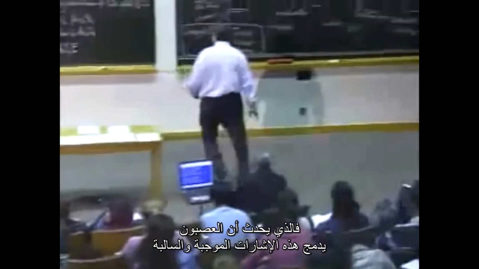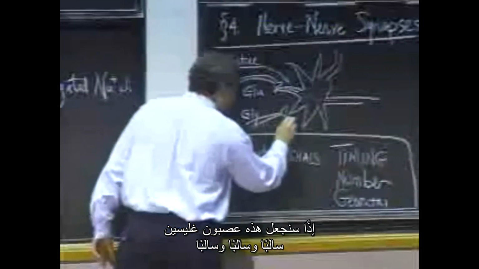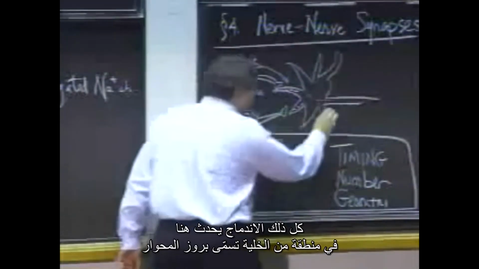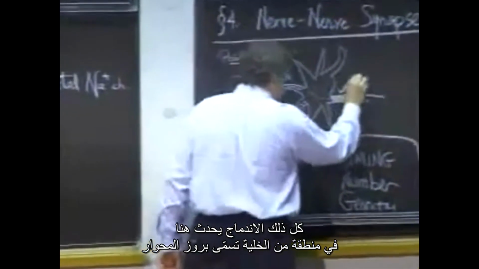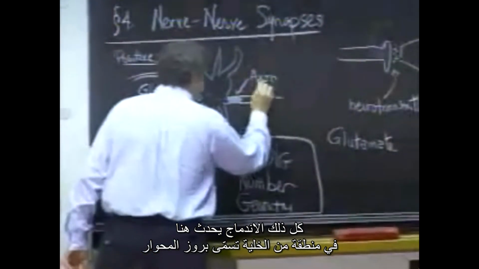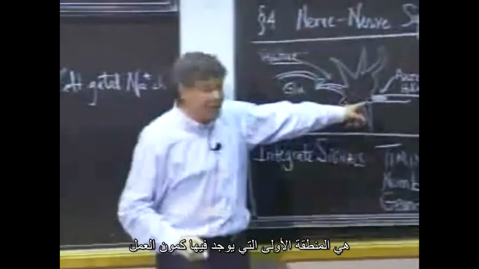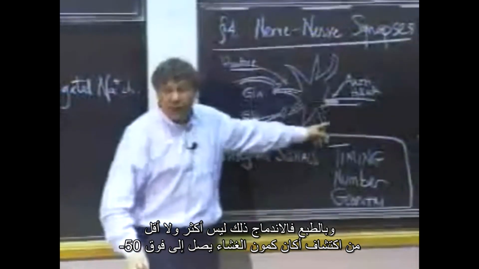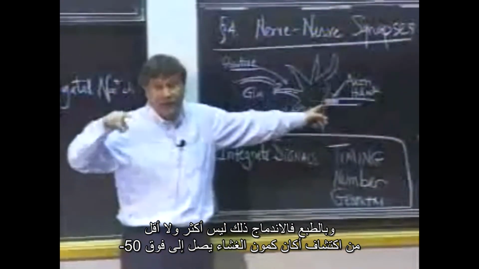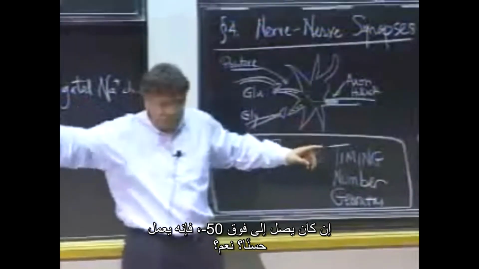And what happens is the neuron integrates these signals, positive and negative. So we'll make this one a glycine neuron, negative, negative, negative. All that integration takes place right over here in the region of the cell called the axon hillock, which is the first place that the action potential mechanism is found. And of course, that integration is nothing more and nothing less than figuring out whether the membrane potential gets above minus 50. If it gets above minus 50, it fires. Okay?